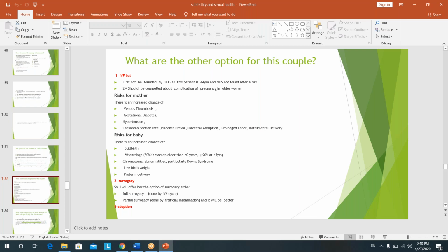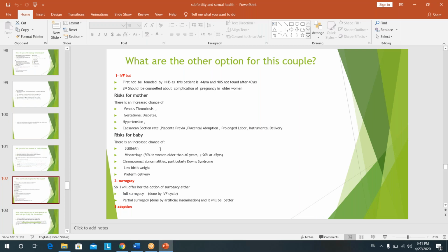What are the complications? There is a risk for the mother and a risk for the baby. Risks for the mother include venous thrombosis, gestational diabetes, hypertension, cesarean section, placenta previa, abruption, prolonged labor, and instrumental delivery. If you mention 4 or 5, it will be enough.